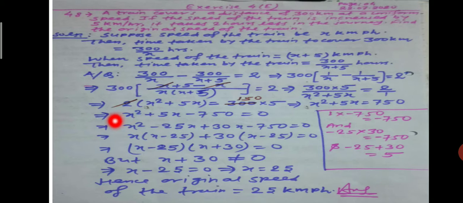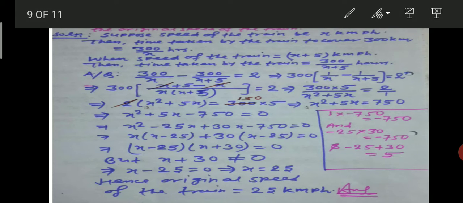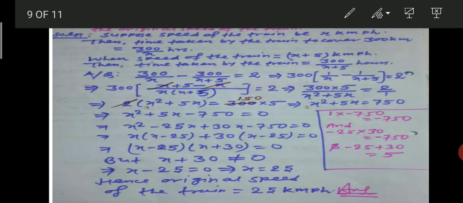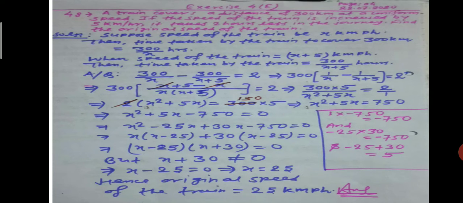Now product of 1 and minus 750 will be minus 750, and minus 25 into 30 will also be equal to minus 750, and minus 25 plus 30 will be equal to 5, which is equal to the coefficient of x.